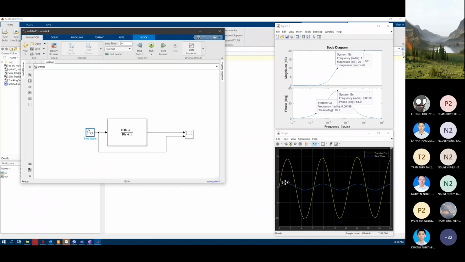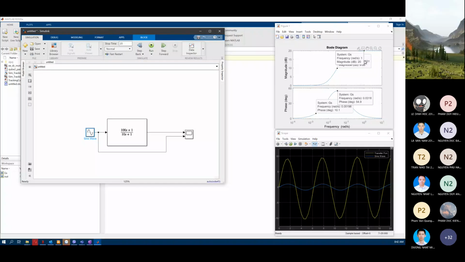Now you can see here it is almost 10 times, right? As I said before, because we see here the magnitude is about 20 decibel. 20 means the log is equal to 1, that means x equals 10, right?